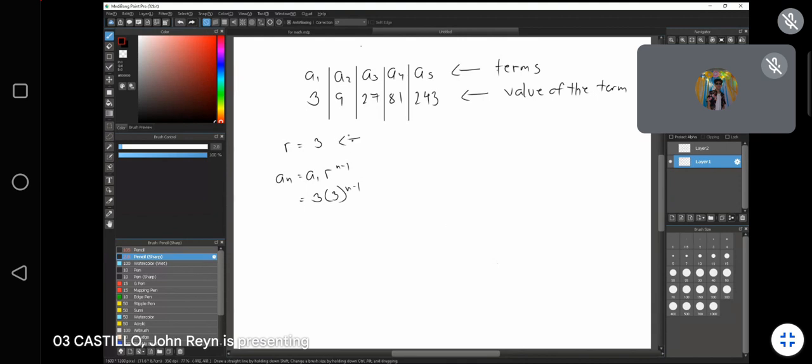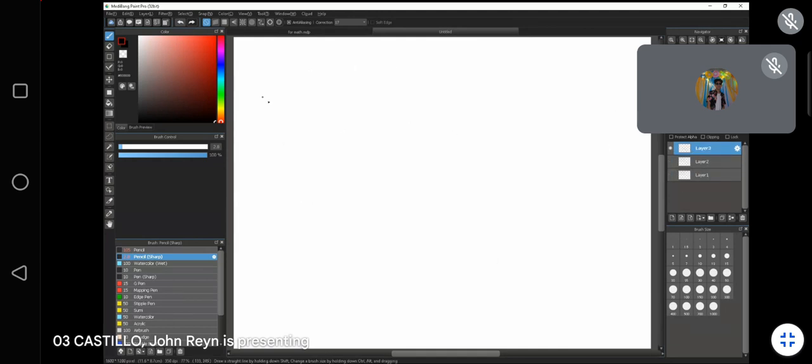Here, this is the common ratio. Sorry na lang sa sulat ko. And here, this is the nth term. So those are the four parts of a geometric sequence. As much as possible, we want to know all of them. So we'll first start on identifying the common ratio.